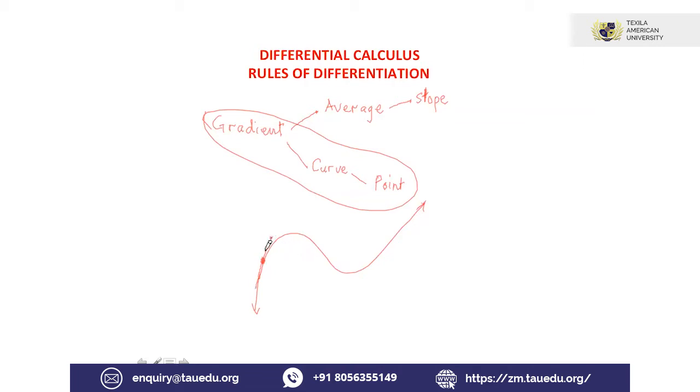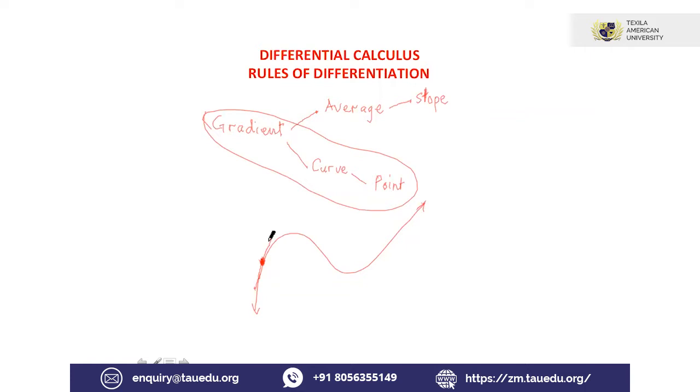This straight line meets the curve at only one point. Now we want to find the gradient of this curve, but at the point at which the tangent meets the curve. That is what we're going to be calling the differentiation or derivative.